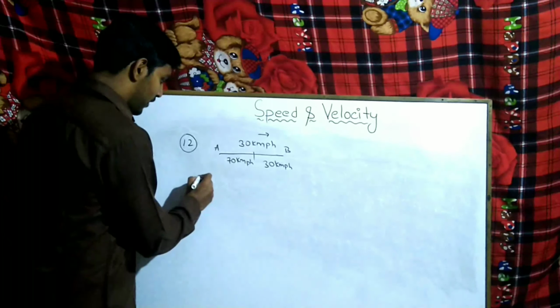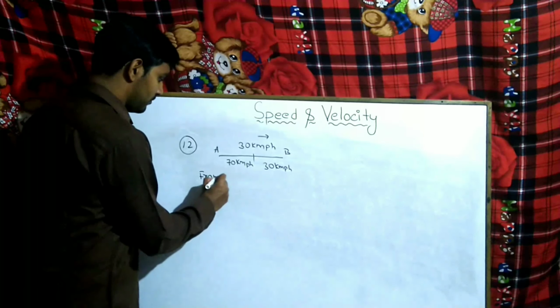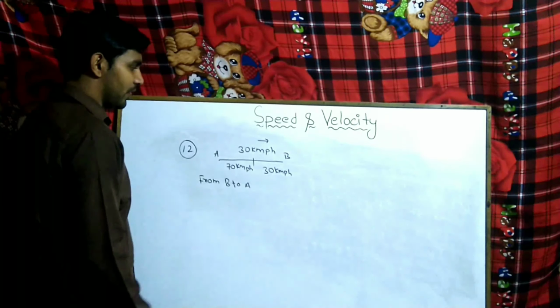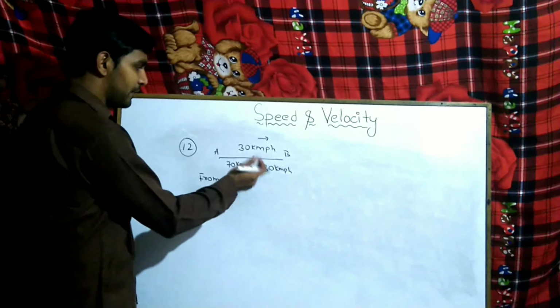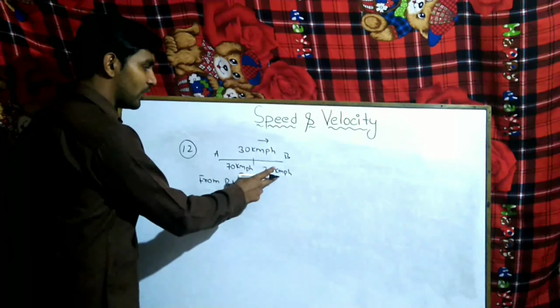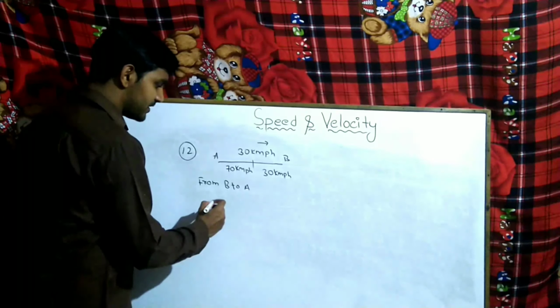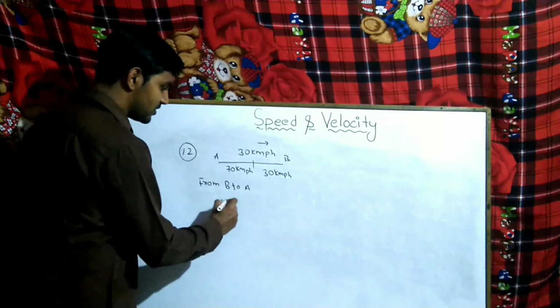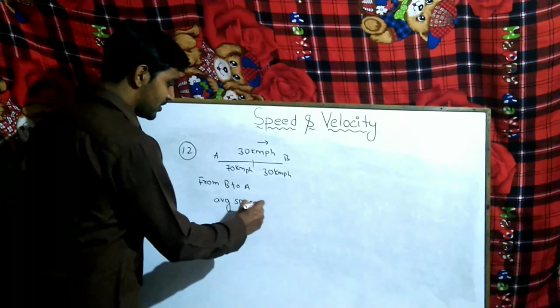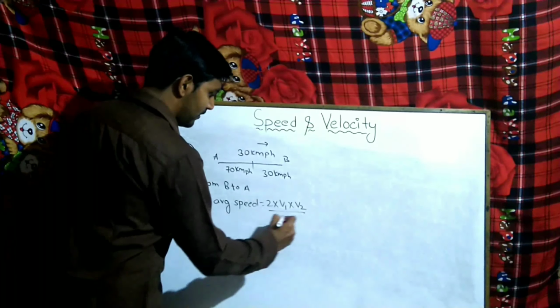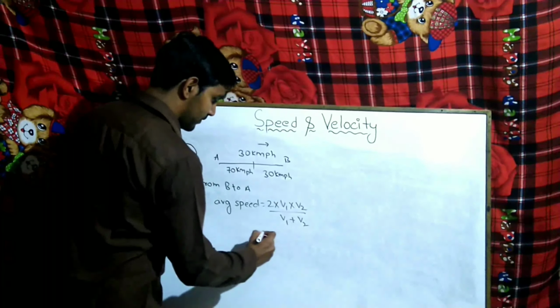Now first I am taking from B to A. From B to A, tell me how to find if distances are equal. Half of the distance means equal distance. If equal distance, then how to find average speed? Average speed is equal to 2 into V1 into V2 by V1 plus V2.